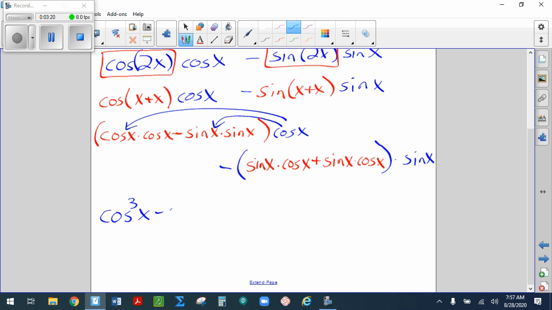So I'm just going to write that as minus cosine x times sine squared x. Then I have minus a sine squared x times cosine x. And I have minus a sine squared x cosine x. So I have two of those.